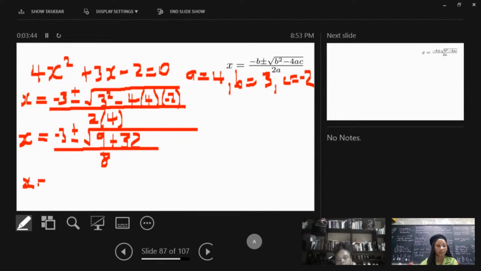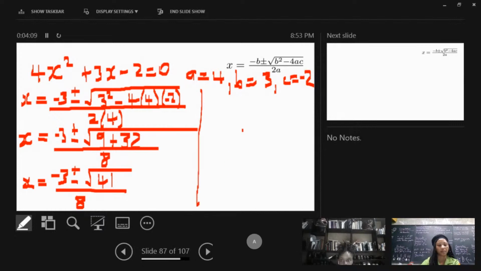And so negative 3 plus or minus the square root of 9 plus 32, which is 41, over 8. The square root of 41 is 6.4.